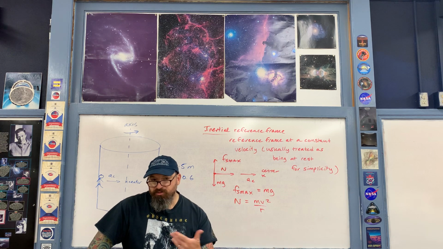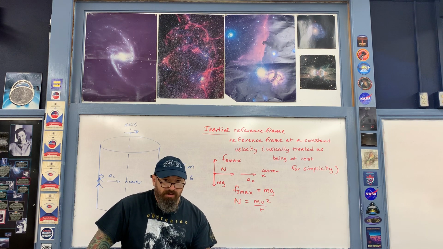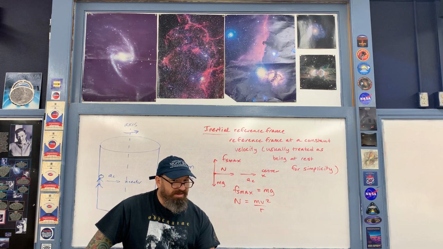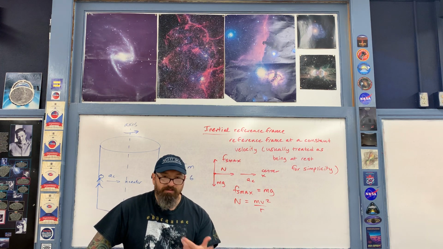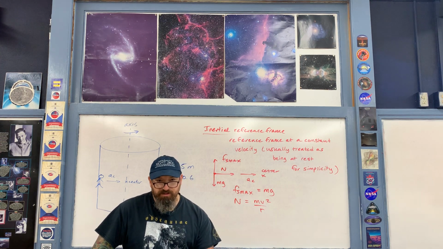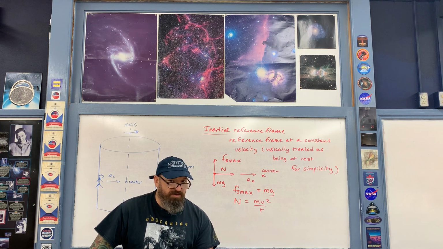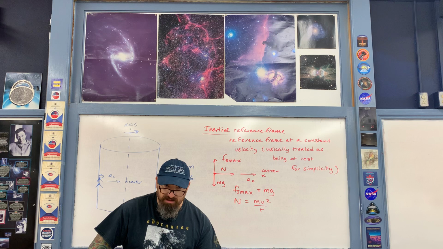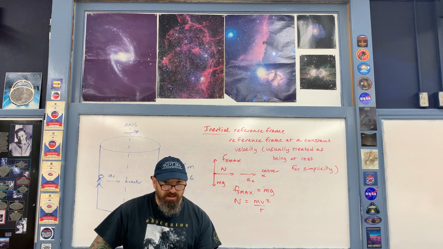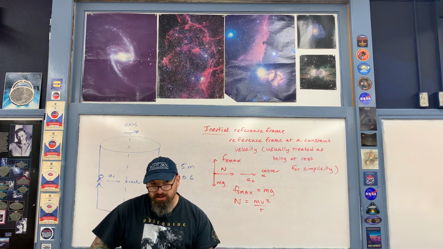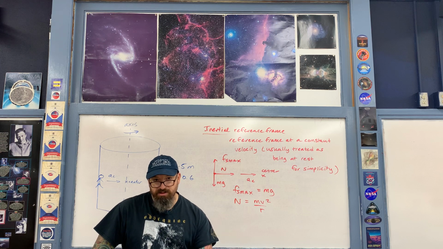But now I want to turn the problem around. Now I want to describe the problem according to a person inside the ride. From that point of view, we have what is referred to as a non-inertial reference frame. A non-inertial reference frame is a reference frame that is accelerating, in this case, the rotating room itself. There's a centripetal acceleration inwards towards the center of the circle.